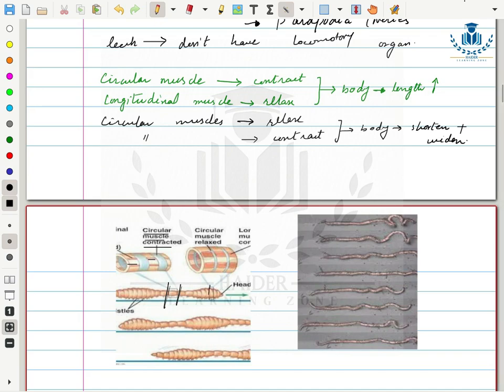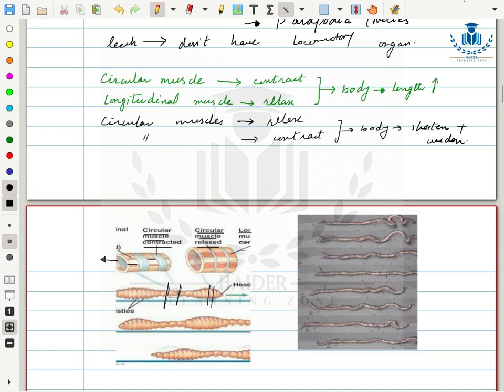While in this part, where circular muscles are relaxed and longitudinal muscles are contracted, the body becomes shortened and widened. So you can see that here the segments have come closer to each other and the body has become widened.